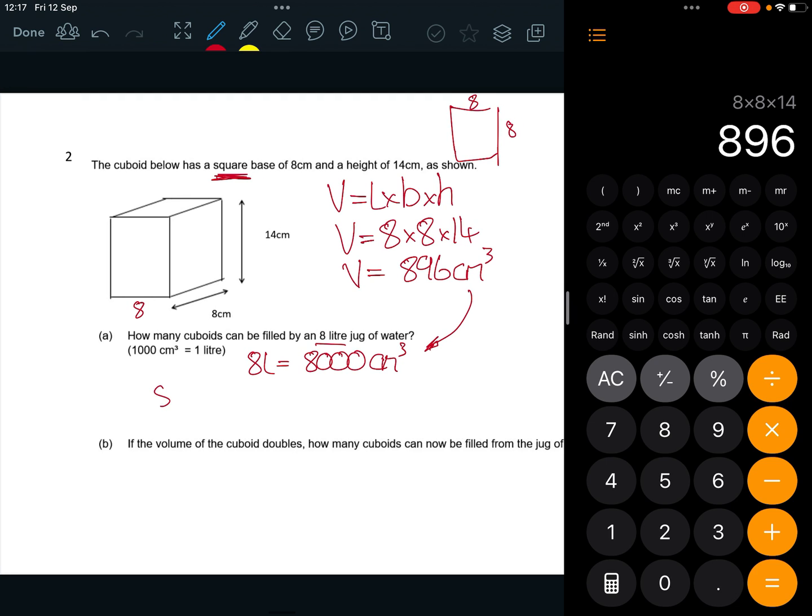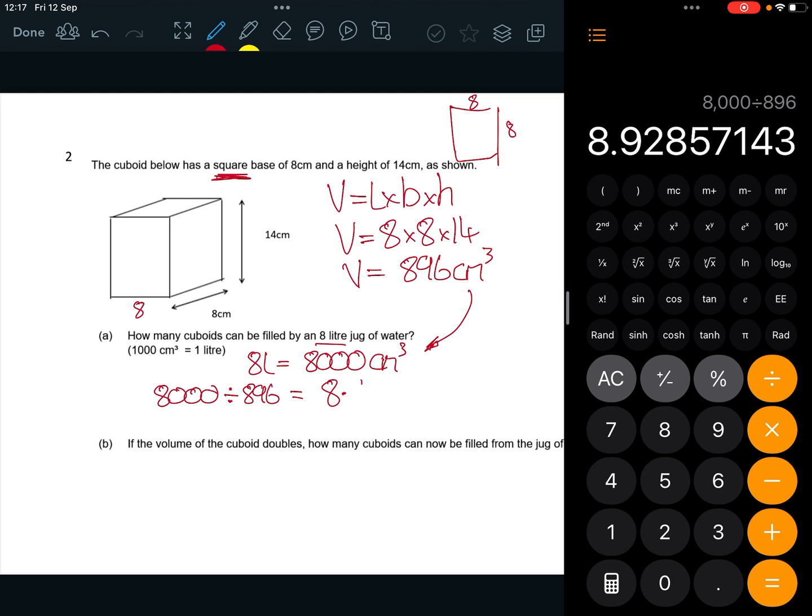Okay, so how many of these boxes, 896 cubic centimetres, can we get out of one that's 8,000? So all you do there is you go 8,000 and then divide that by 896. Press enter, and that's 8.9 boxes. Now obviously we're not going to end up having one that's 0.9 full, so we have to just round it down to the nearest whole.